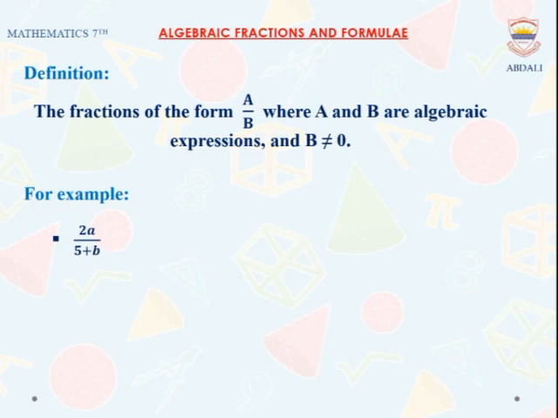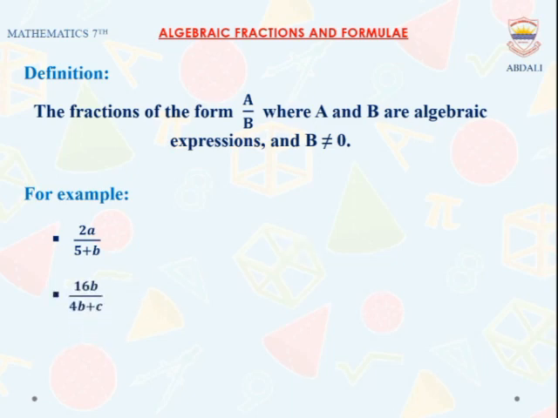Here is an example, 2a by 5 plus b. Here our numerator is 2a, and the denominator is 5 plus b. Both are algebraic expressions. That's why our fraction is an algebraic fraction.